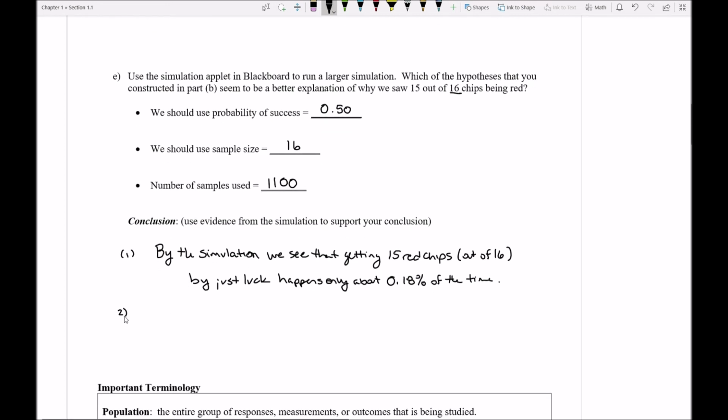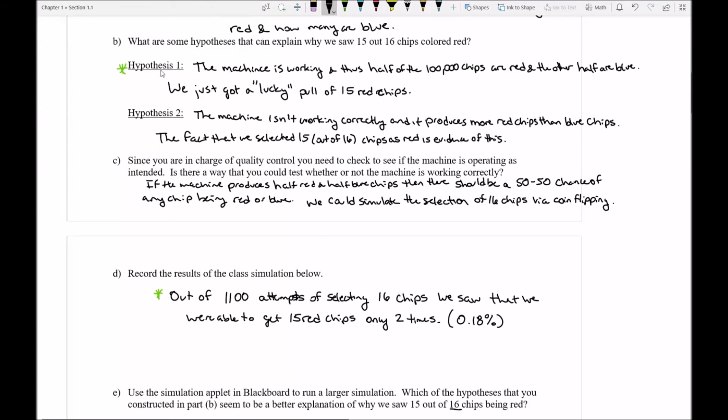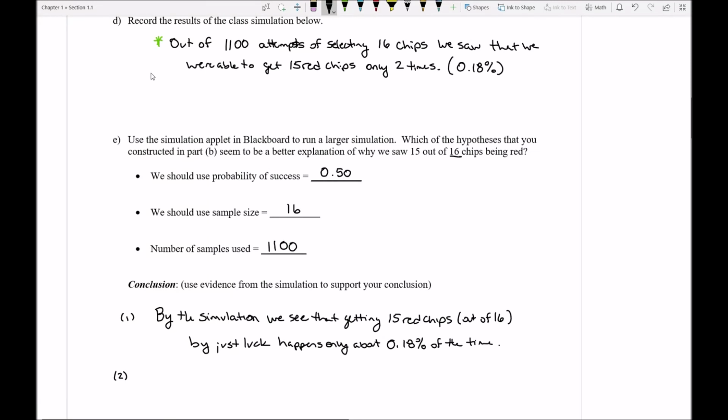Part 2 would be kind of then saying, well, again, if luck is a good explanation for this at a very slim percentage, then does hypothesis 1 really fit? I would go with no. So in this case, I would say that we choose to believe hypothesis 2. But I'm going to write down what hypothesis 2 says in words.